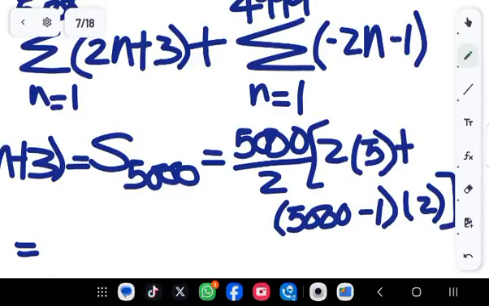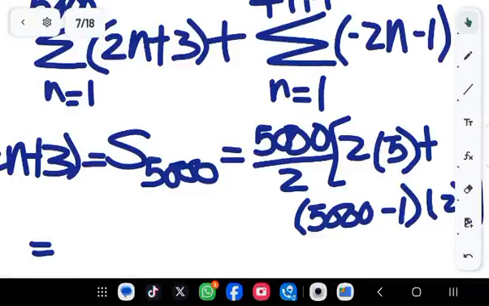So that is the common fraction button 5,000, downward arrow 2, right arrow, open bracket 2, open bracket 5, close bracket, plus open bracket 5,000 minus 1, close bracket, open bracket 2, close bracket, and then another close bracket. Very important. All of that is equal to, it gives us this number.